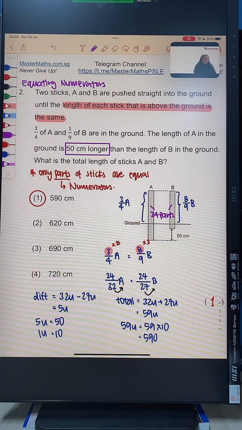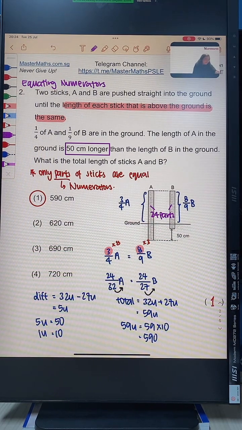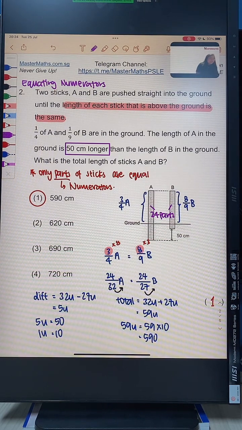Okay, before we move on, any questions? I see that quite a number of you are interacting with each other on the TikTok platform. What about guys on Instagram? All good? Okay, we're gonna move on in 5 seconds time.